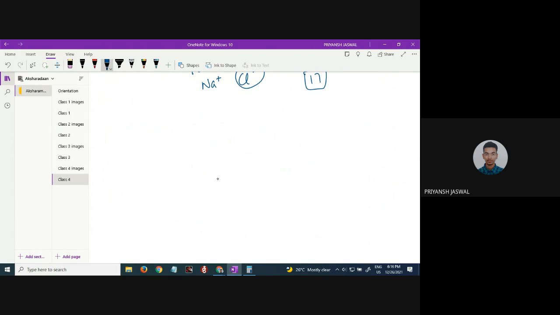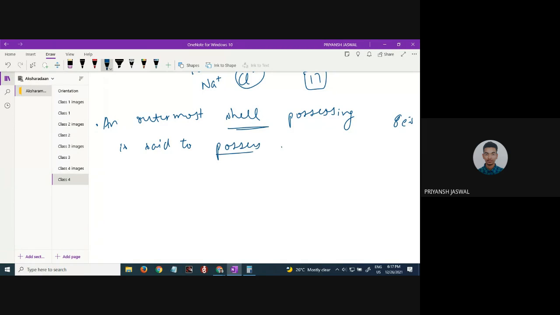There is some terminology also related to this. An outermost shell or orbit possessing 8 electrons in total is said to possess an octet.